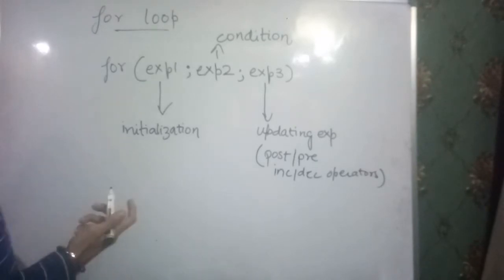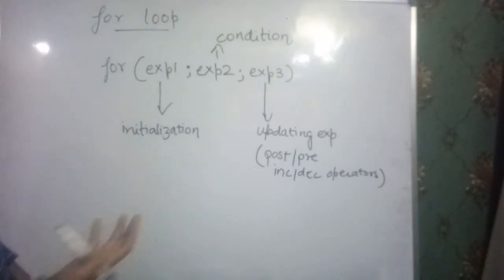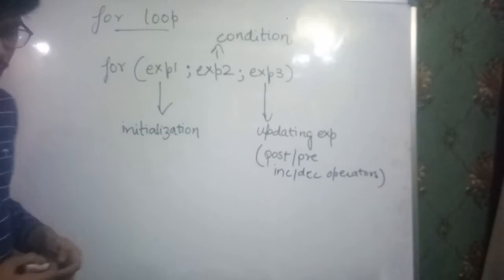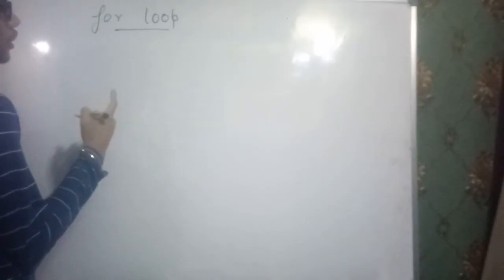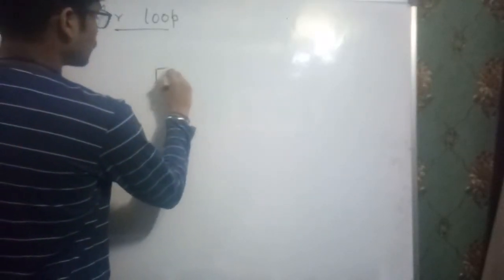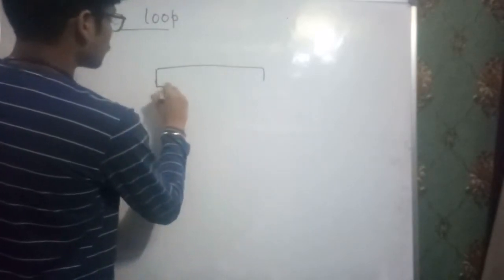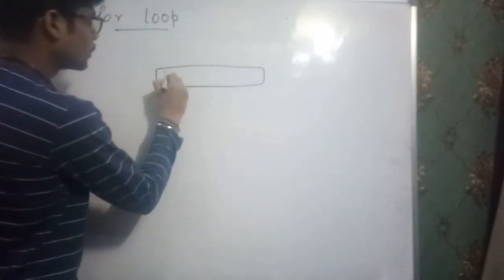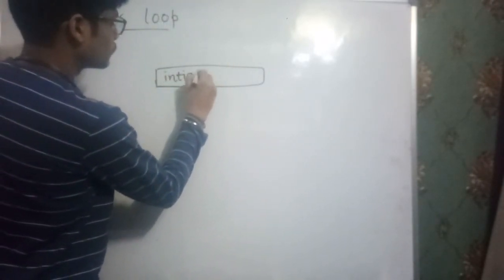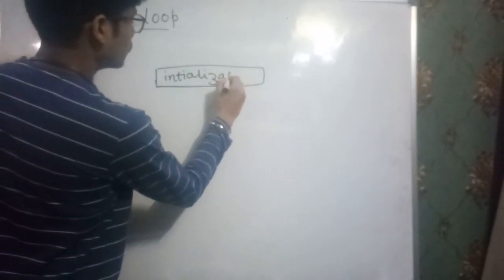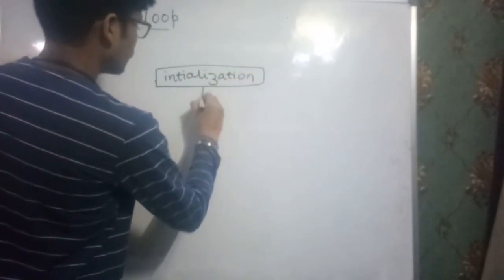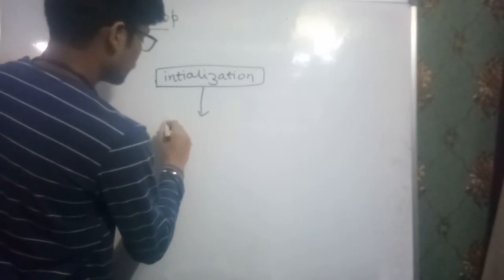So we will check the flow chart and we will try to implement one code also. First step of our flow chart will be initialization. Then it will go for the condition.